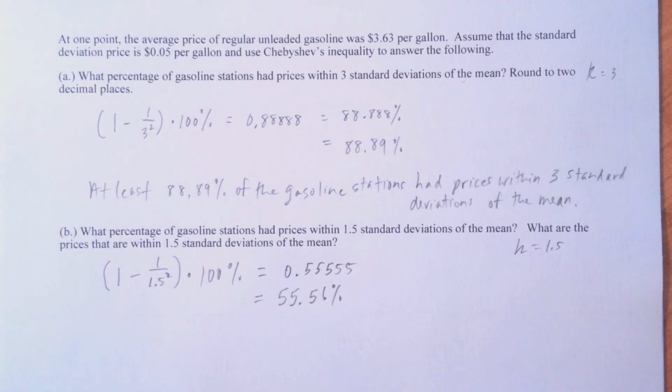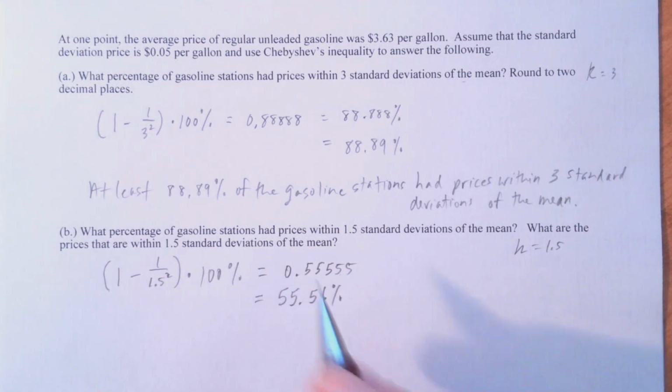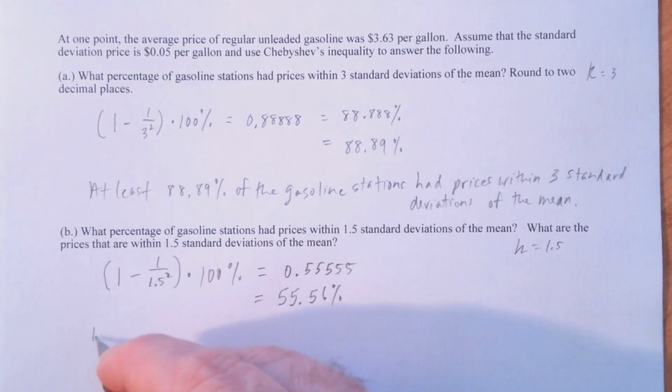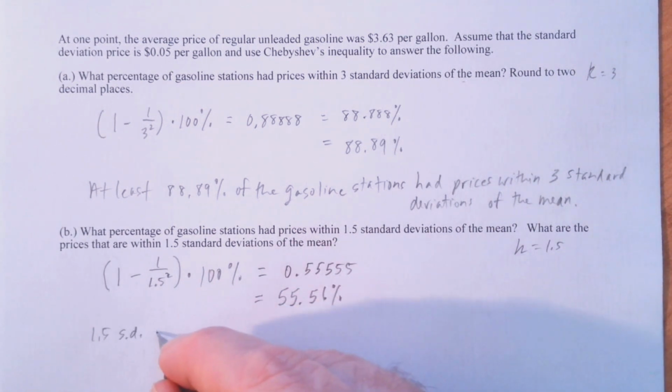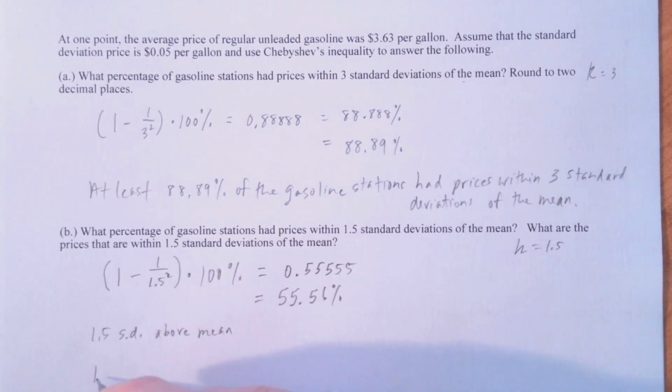Now it says, what are the prices that are within 1.5 standard deviations of the mean? Well, let's look at the price that's 1.5 standard deviations above the mean. So 1.5, I'll just put SD for standard deviations above mean, and 1.5 standard deviations below the mean.